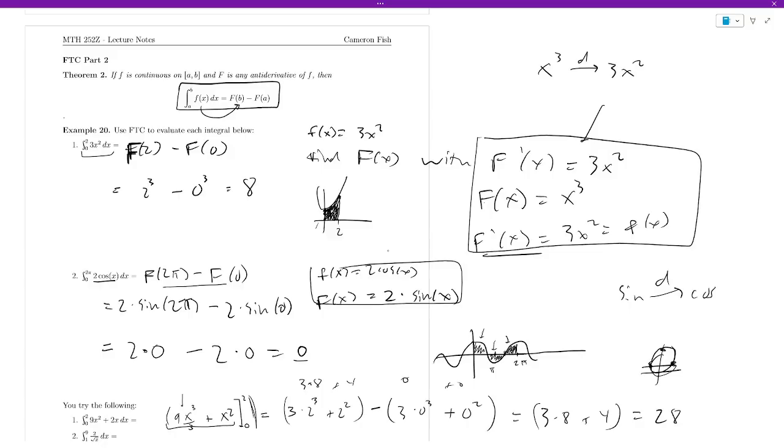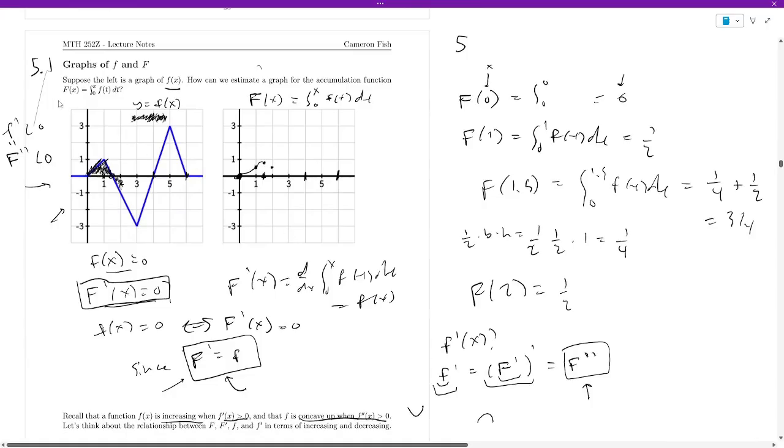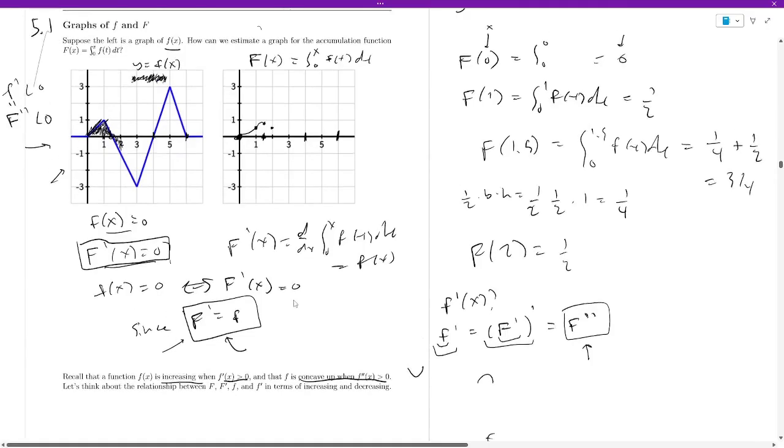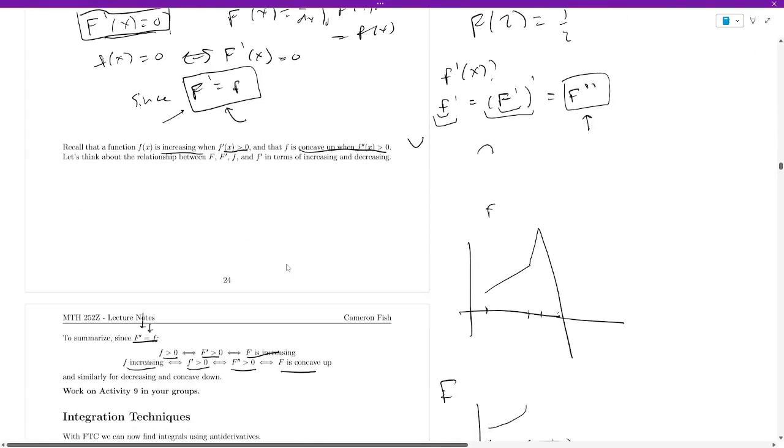We did a couple examples. So that's the main upshot. We also talked a little bit about the graph of this accumulation function versus the graph of the little function, and a way to think about increasing and decreasing in that context. So that is the main thing.